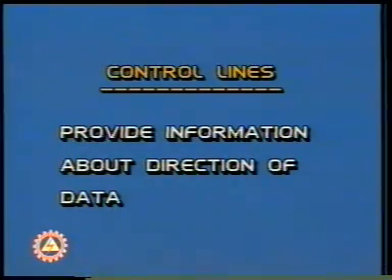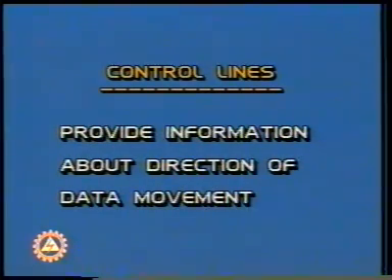Control lines provide information about direction of data movement to the microprocessor as well as to the external devices. In addition, there are some external control input-output signals.